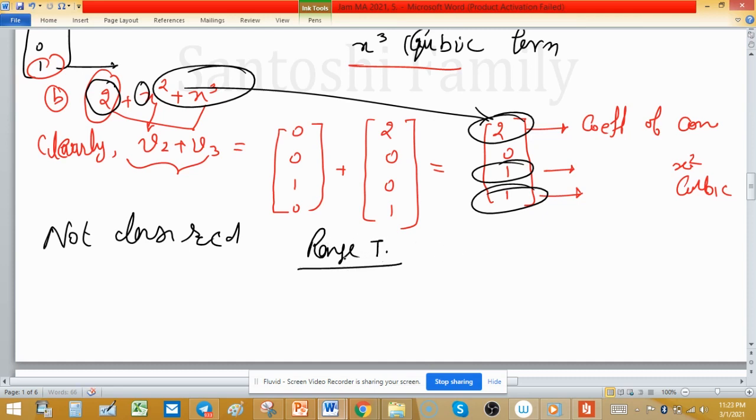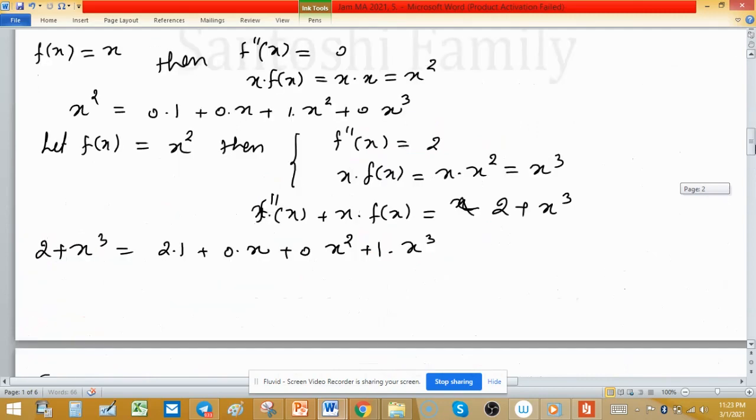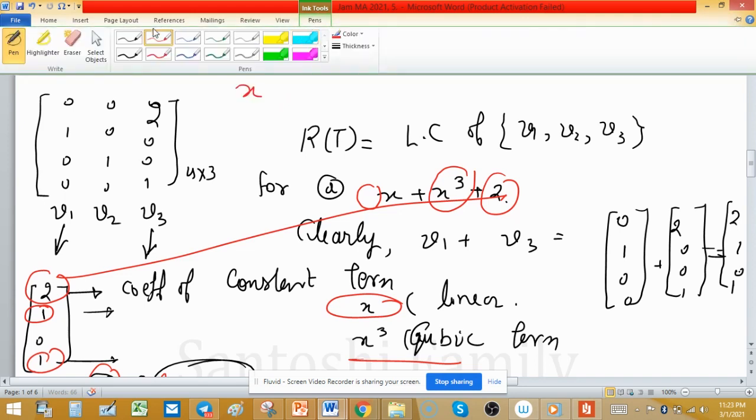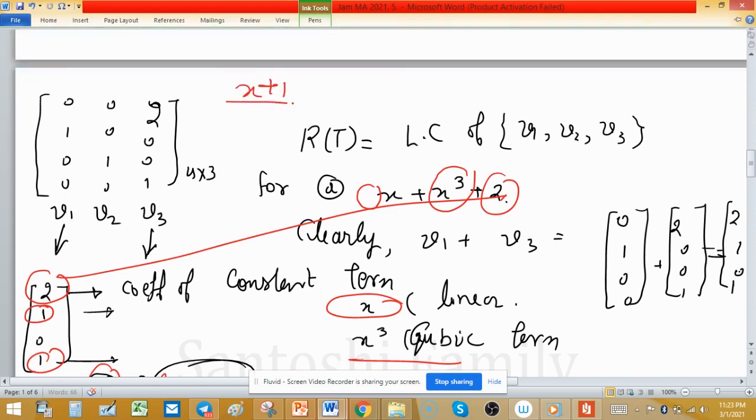Now check option C, as option C is x plus 1. So anyhow, this is the matrix representation. And we are seeking, anyhow we can write x plus 1 using the columns of this matrix representation.